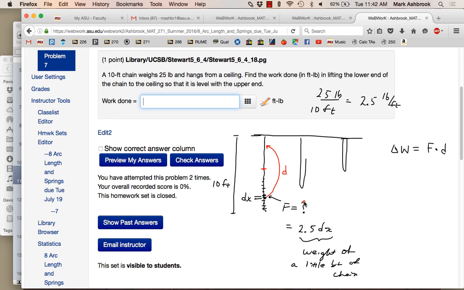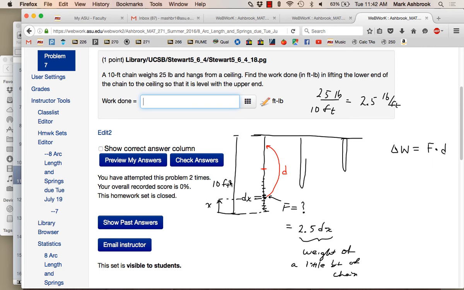So how far is it? So if we say x is the distance up from the bottom to our typical little piece of chain there, then how far is this d? How far does that little bit of chain go up there?